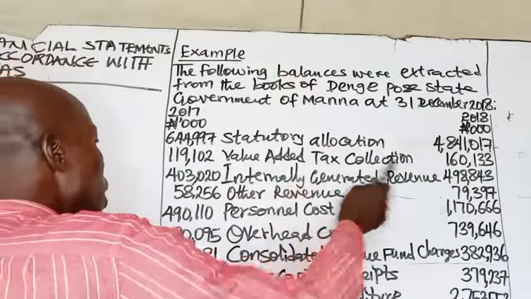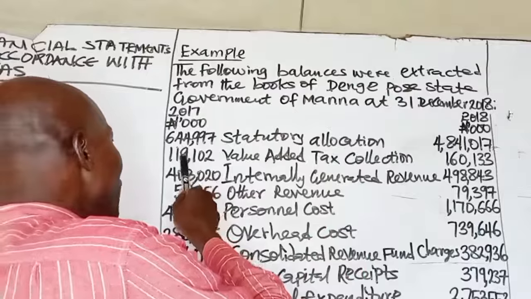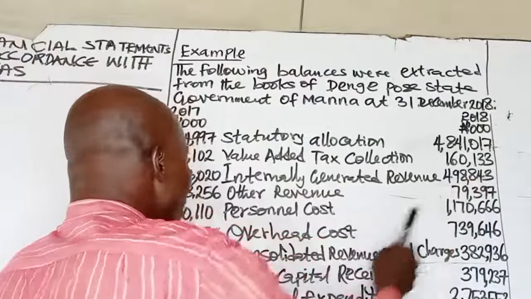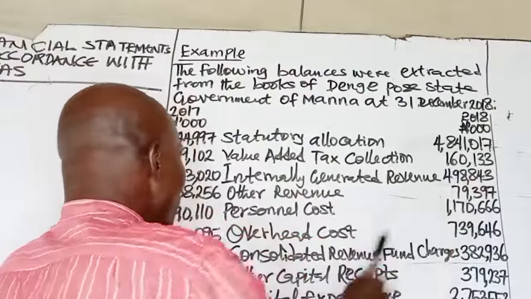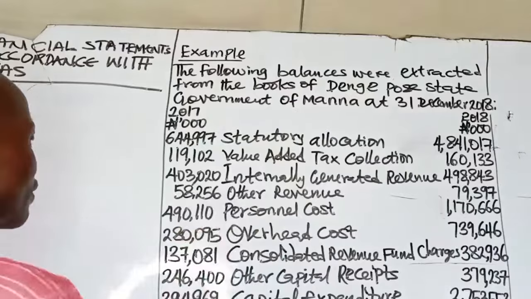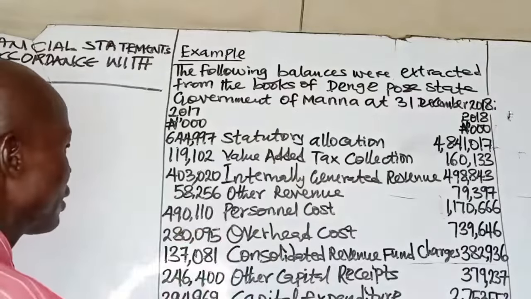Value added tax collection, 2017, 119,102 and 160,133 for 2018. Internally generated revenue, 2017, 403,020 and 498,843 for 2018. Other revenue, 58,256 for 2017 and 79,397 for 2018.